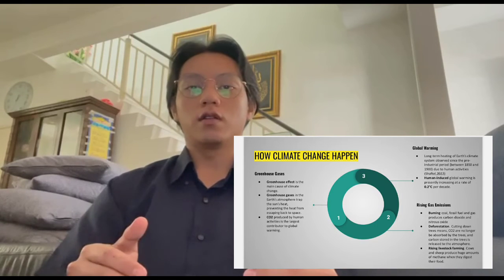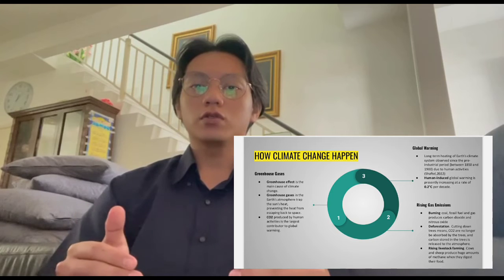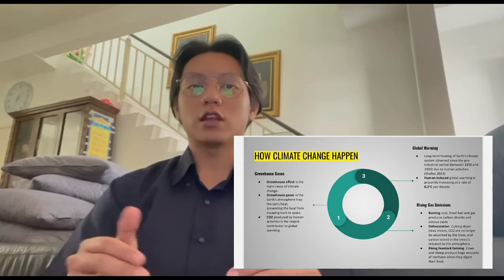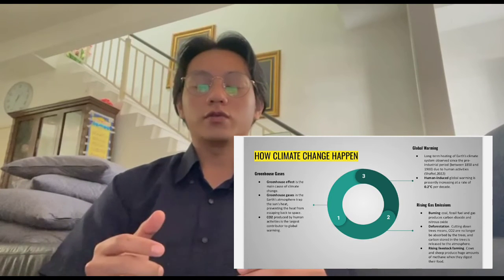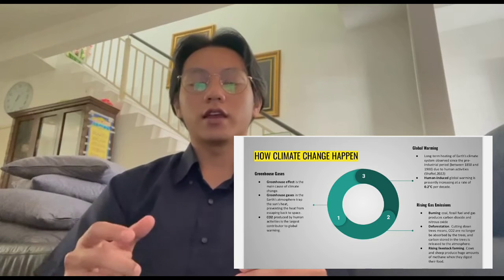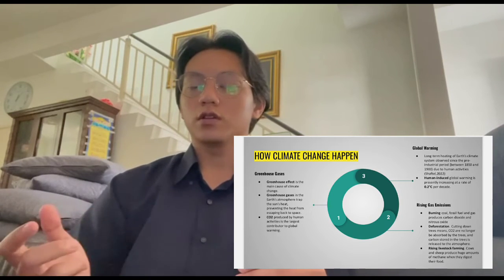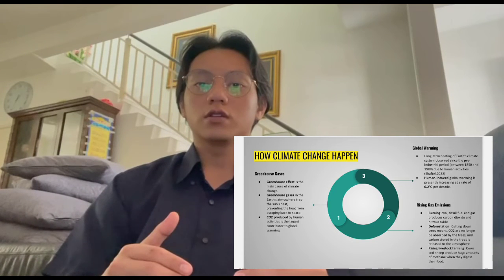Our earth is like the plants, and the greenhouse is like our atmosphere. In our atmosphere we have gases, which is why we call them greenhouse gases, like carbon dioxide, water vapor, methane, and other gases.